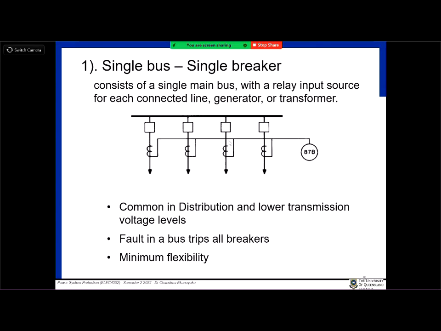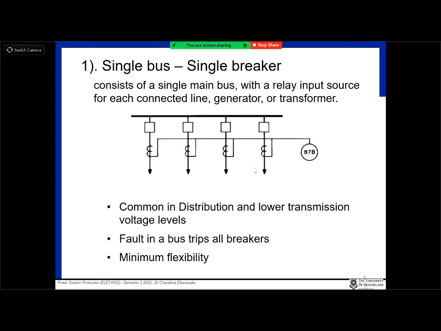So basically, if it identifies that the difference in the addition of the currents has some significant value, then it will trip. It will disconnect all these lines from the bus, incoming and outgoing, can you see that?